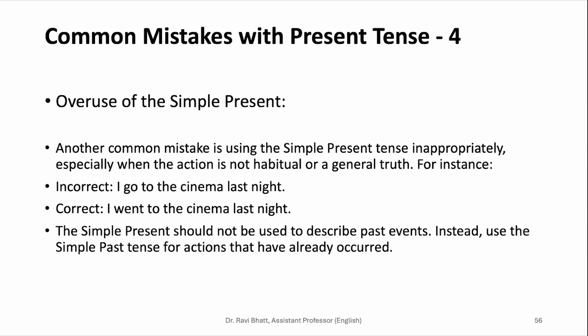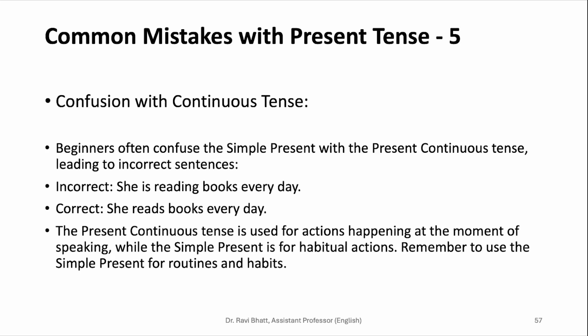Saying I go to the cinema last night would be grammatically incorrect. So the incorrect formation would be I go to the cinema last night, whereas correct would be I went to the cinema last night, or say, I go to the cinema. This overuse of simple present must be avoided.